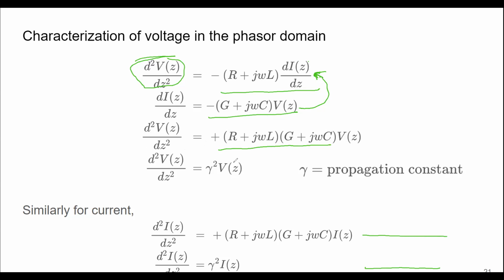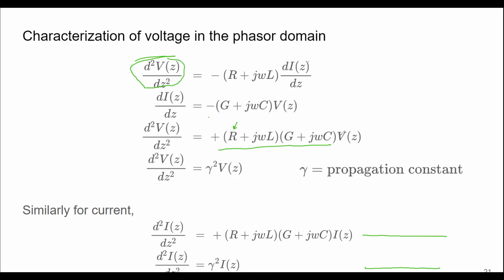So the voltage relationship will look like this, where this expression that we have with the R plus j omega L term and G plus j omega C term, we can take those constants, or actually omega is not a constant. However, these parameters define the transmission line behavior.